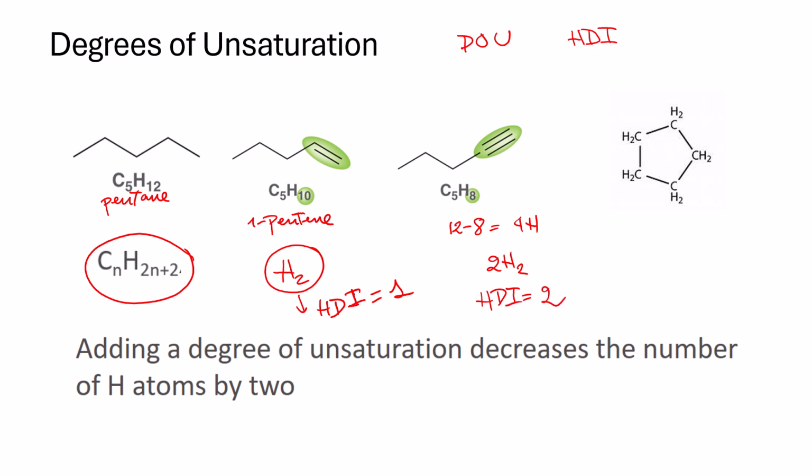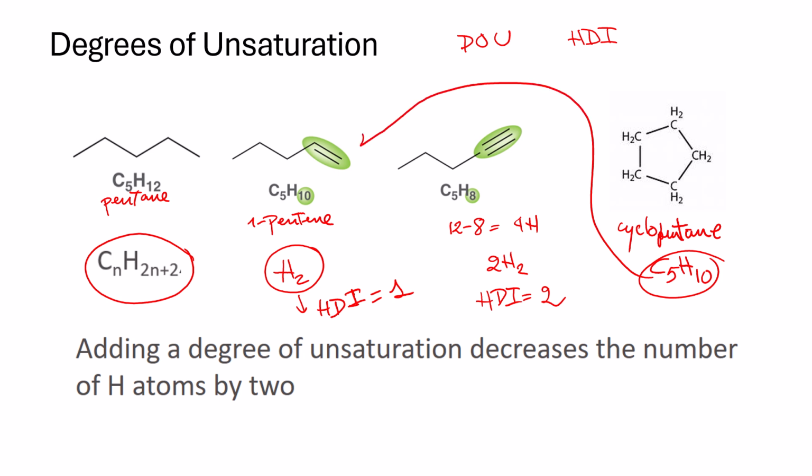Now this is cyclopentane. If you count, cyclopentane is C5H10, so the molecular formula of cyclopentane is identical to pentene. These are constitutional isomers, but notice that having one cycle is equivalent to having one double bond. So unsaturations can be different combinations: triple bonds, double bonds, or even cycles.